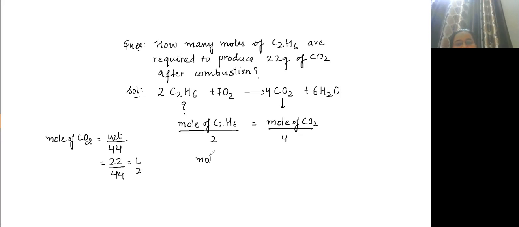So what is moles of C2H6? It will be 2 by 4 into moles of CO2. So that is 1 by 2 into 1 by 2. Moles will be 1 by 4.